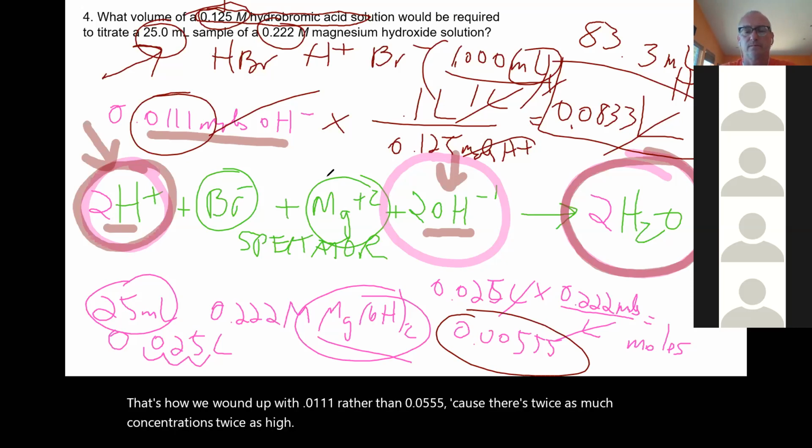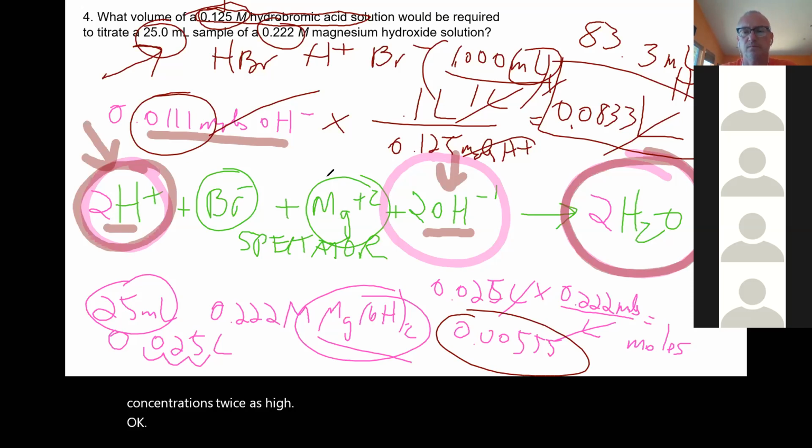So I have a question. On the liter, 1 liter over 0.125 moles of H plus. How did you get from H plus to HBr? Because for every mole of HBr, I get 1 mole of H plus.